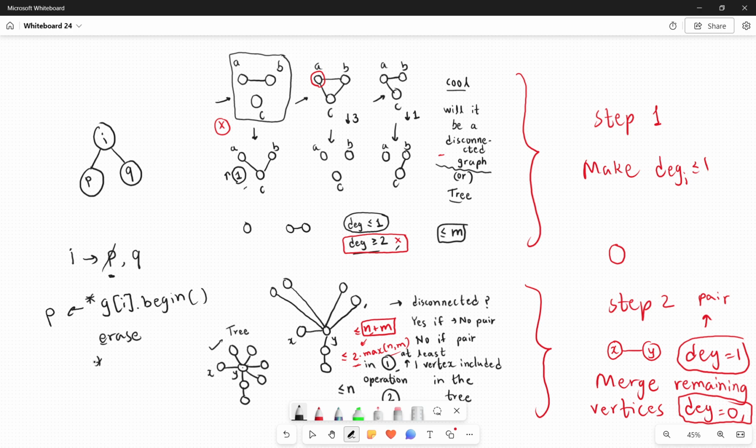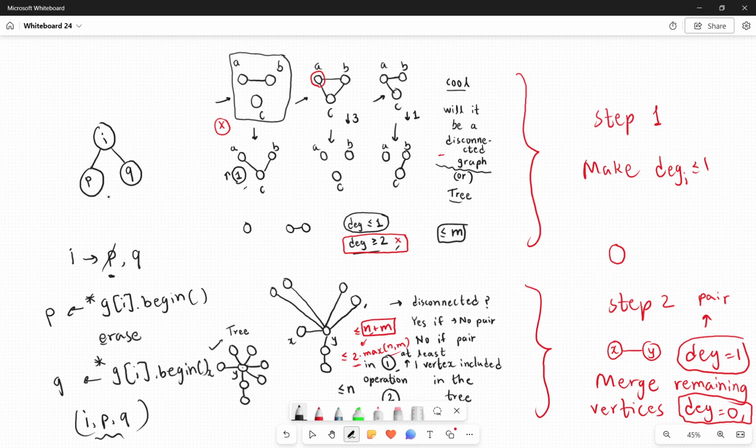Then when I again call star g of i dot begin, it will give me q. Then I apply the operation i, p, q, and when applying it, I have to erase p from i, q from i, and i from q.